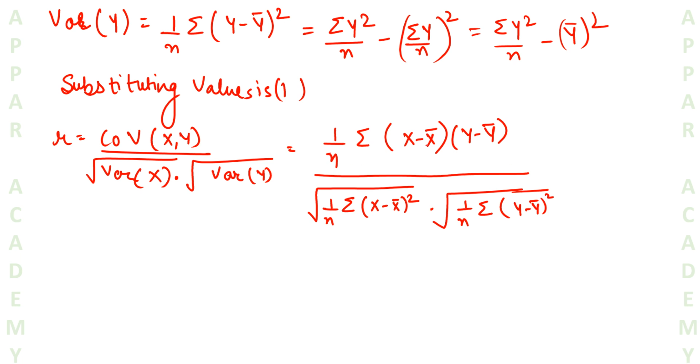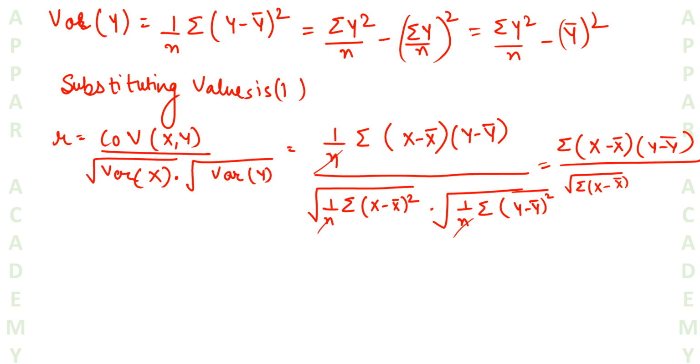Now what if we cancel out these n's? If I want to simply cancel out this n, can I say, so this is square root of 1 by n, 1 over here and 1 in the square root. So if 1 by n, we take this out from here, and from here we can take this whole 1 by n out. So can we write cancelling this n with these two n's since it's in multiplication? So this becomes summation x minus x bar into y minus y bar upon square root of summation x minus x bar square into summation y minus y bar square, right?